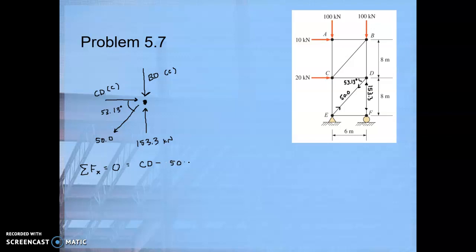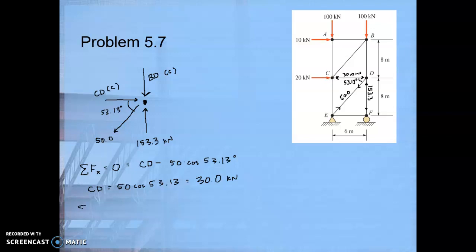So that's going to be 50 times cosine of 53.13 degrees. So we solve for CD, and it is equal to 50 cosine of 53.13 degrees. And that equals 30.0 kilonewtons. So we've got 30.0 kilonewtons, and that's a compression force that pushes out both to the left and to the right.